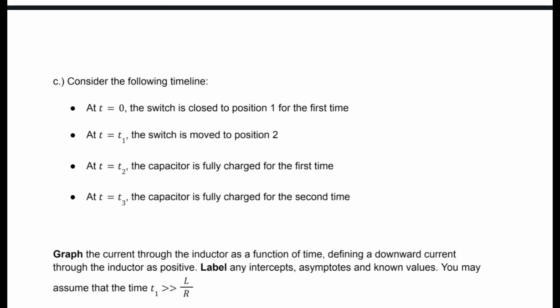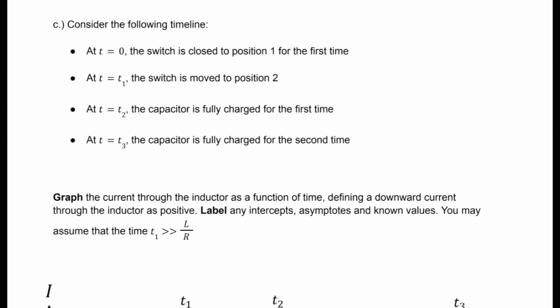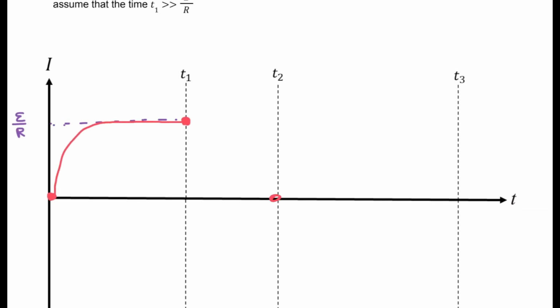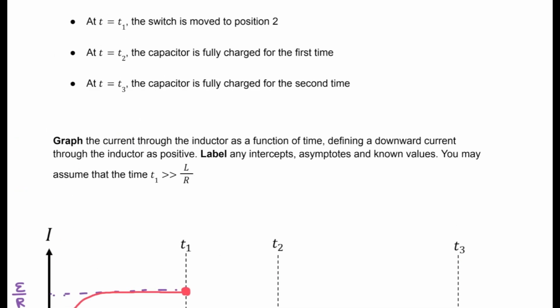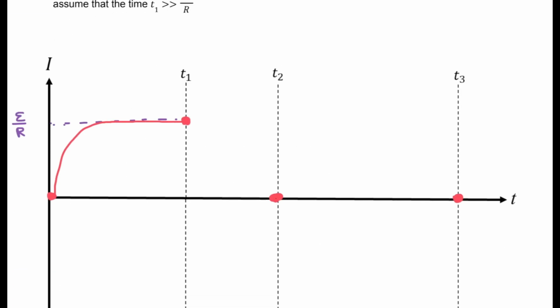So then we know that when the capacitor is fully charged, that means there's no current. So both at T2 and at T3, we have no current in our circuit. And then we're also defining our usual current conventions in terms of sign. So we know that the inductor will maintain the original current direction.